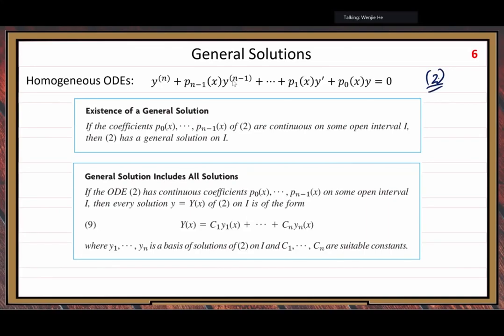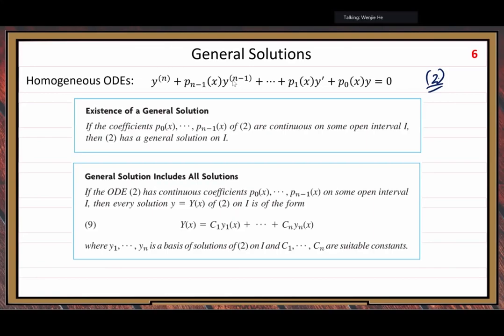If ODE2 has continuous coefficients on some open interval I, then every solution little y, this time we want to cover all the solutions, equals capital Y, which is a linear combination of n solutions of the original ODE, where these n solutions must be a basis of solutions of ODE2. So here is the importance of the basis.